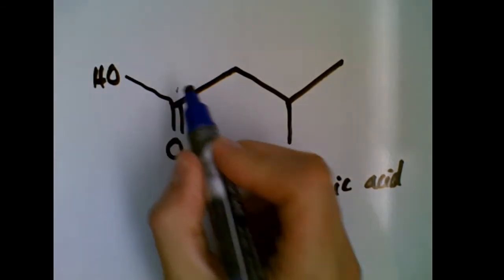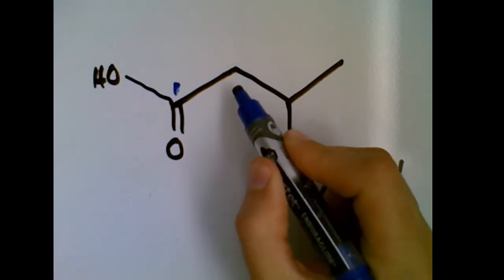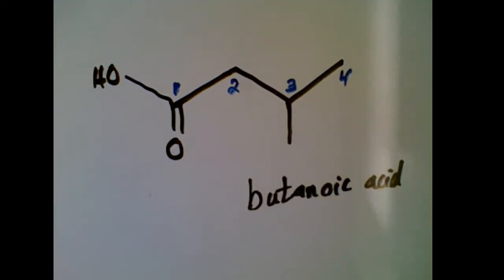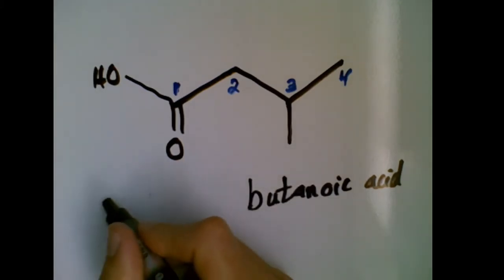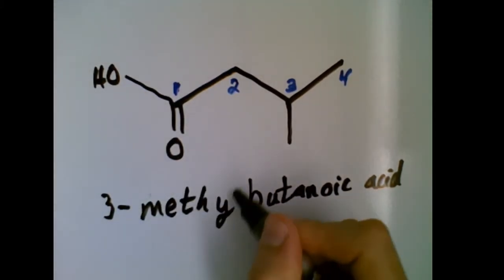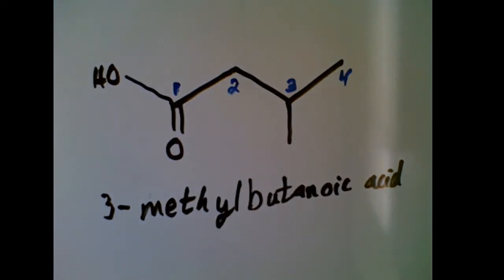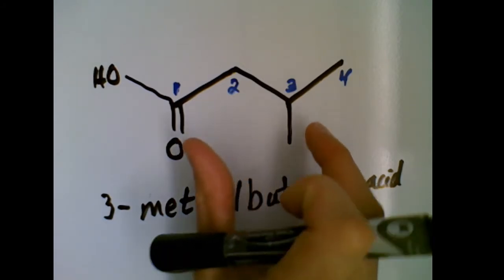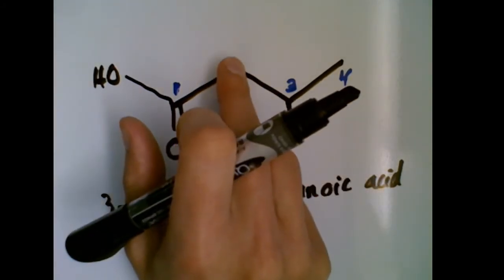So we would go carbon number 1 because of the carboxylic acid group, then 2, 3, and 4. So this is 3-methylbutanoic acid.